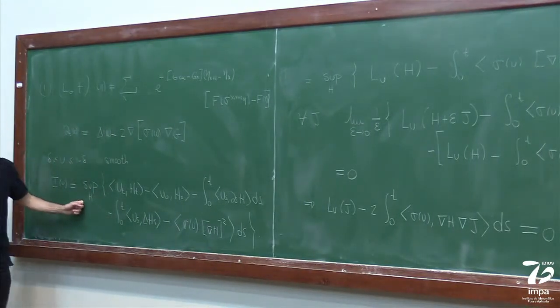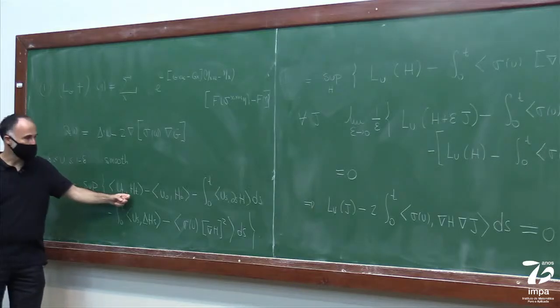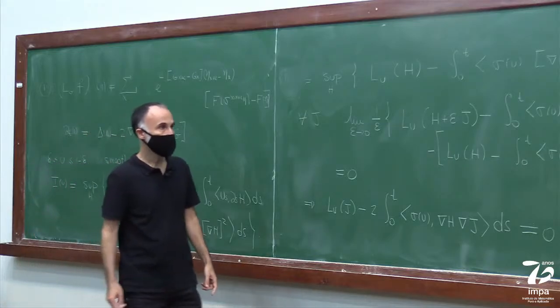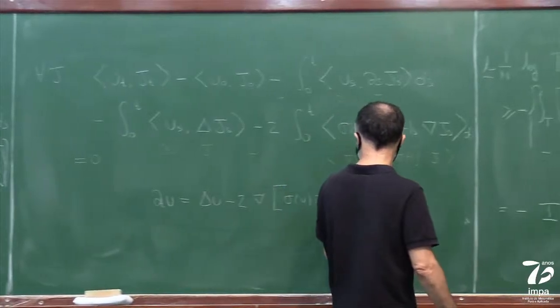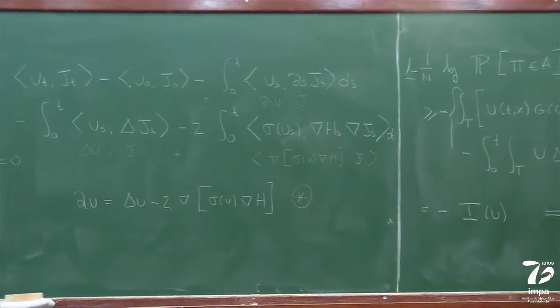I is given by this formula, by this sup. But now I found the h which maximizes. So I is equal to the same formula without this sup, provided I place here the h. Which h? Well, the one which is given by this equation. This is the equation for h.